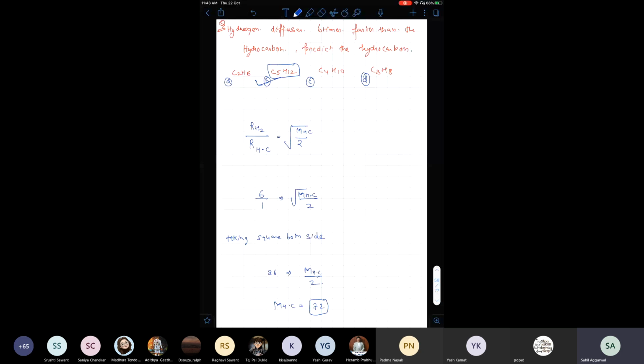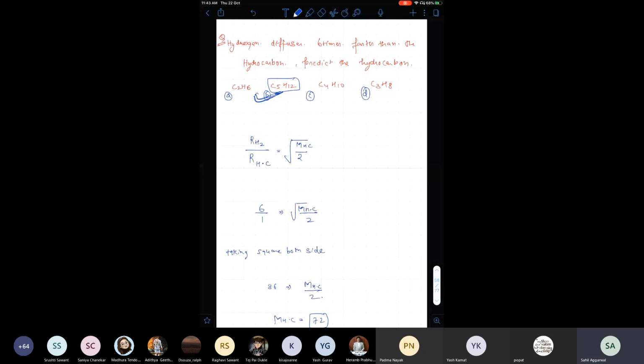Sir, just explain this problem once again. I said rate of hydrogen is 6 times the rate of hydrocarbon, right? So if the rate of hydrogen is 6, then this will be 1, and rate is inversely proportional to the mass. Mass of hydrogen we know is 2.